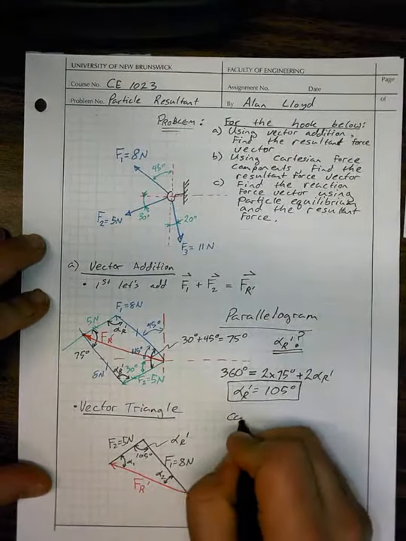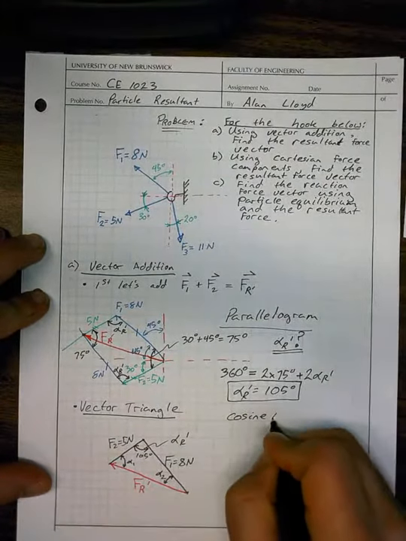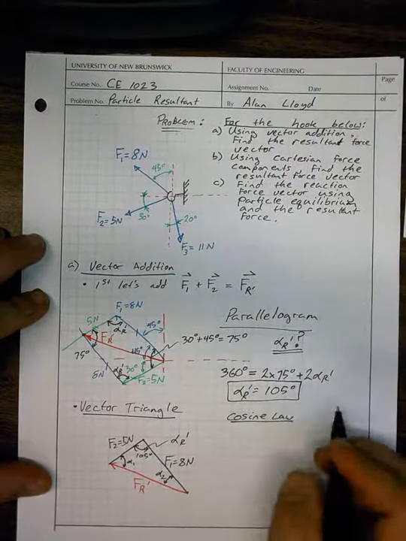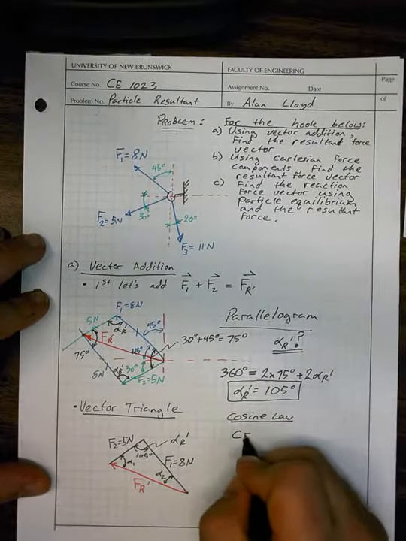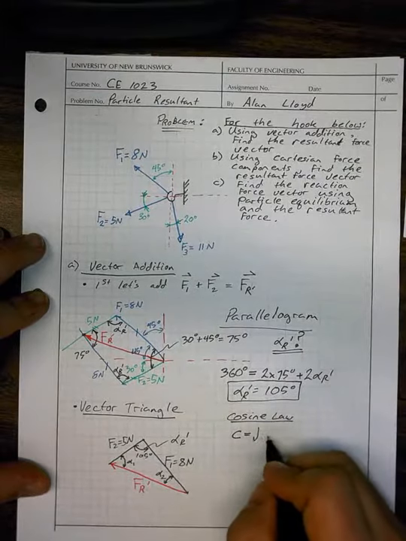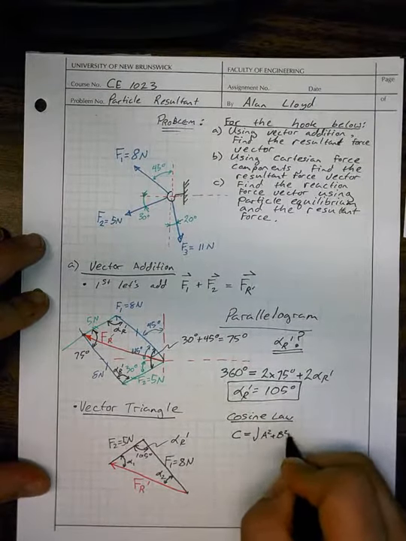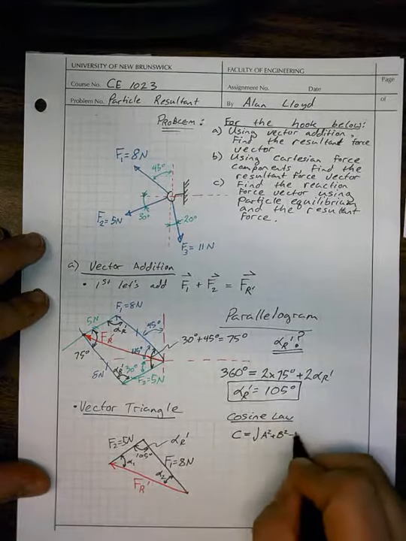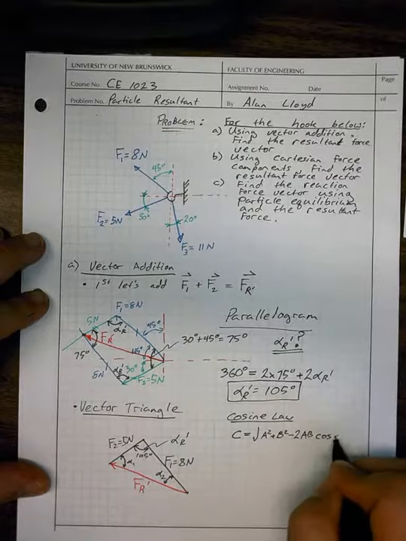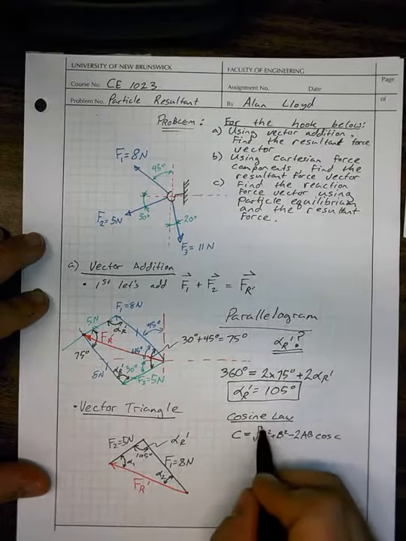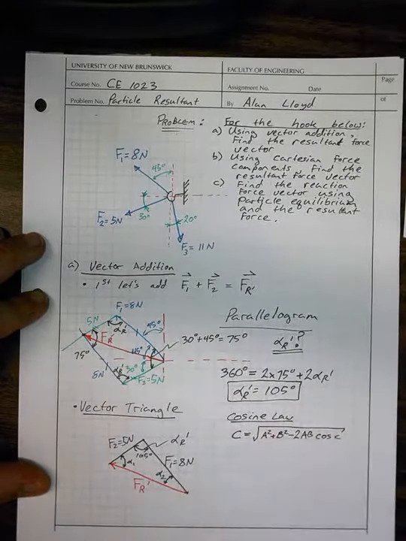So the cosine law states that the length of the third side of a triangle is equal to the root of the sum of the other two sides squared, minus 2ab cosine of that side's angle. Now, we can write this out in terms of FR prime, the unknown quantity, and see where we get with that.